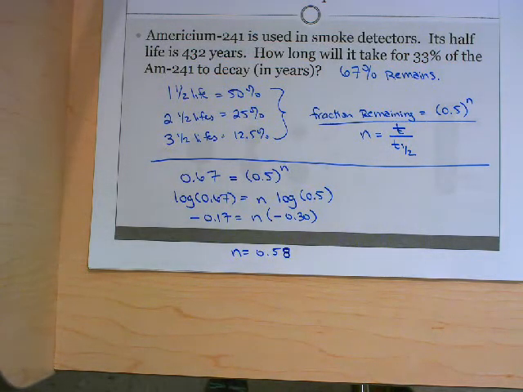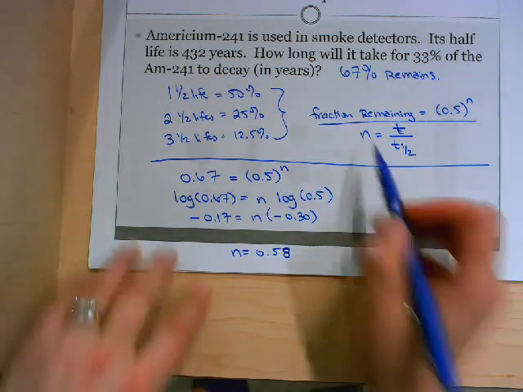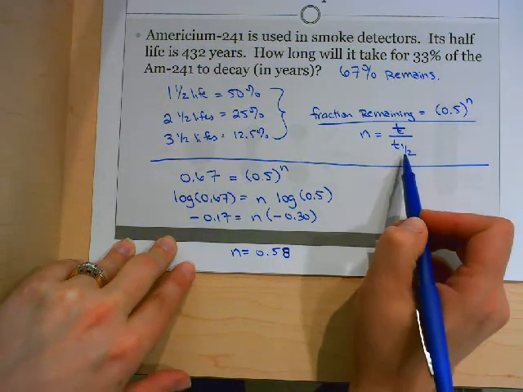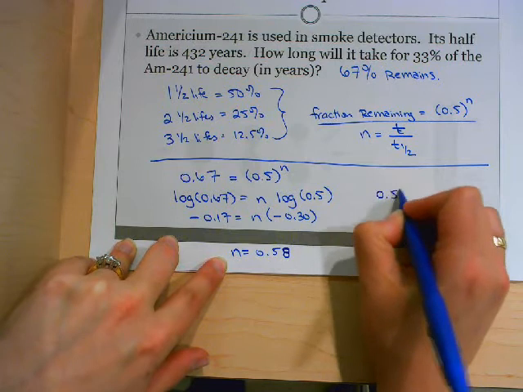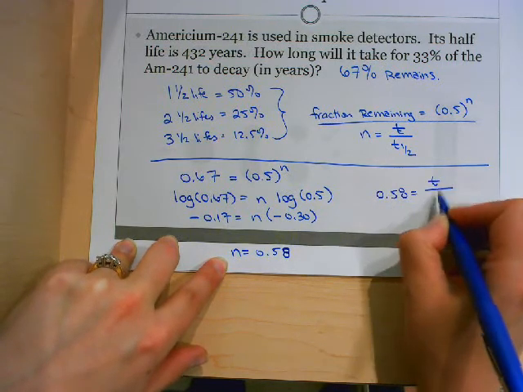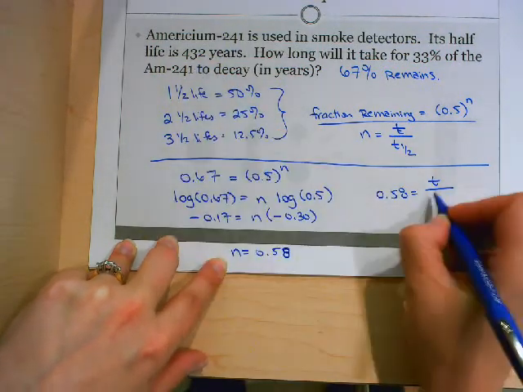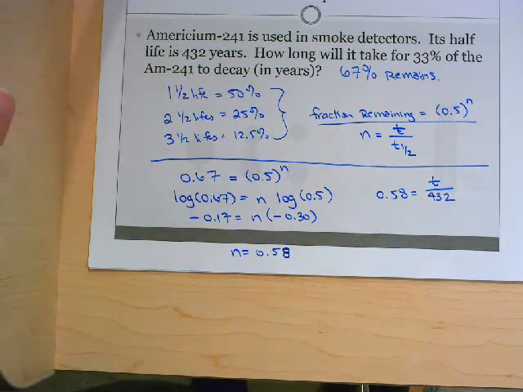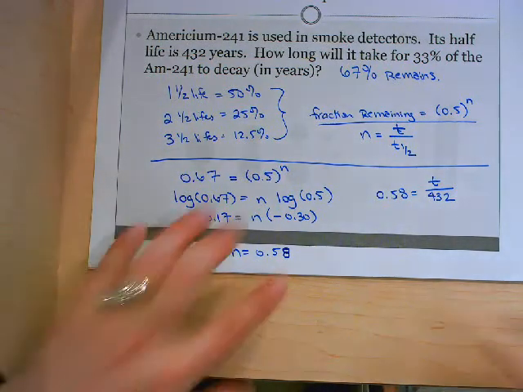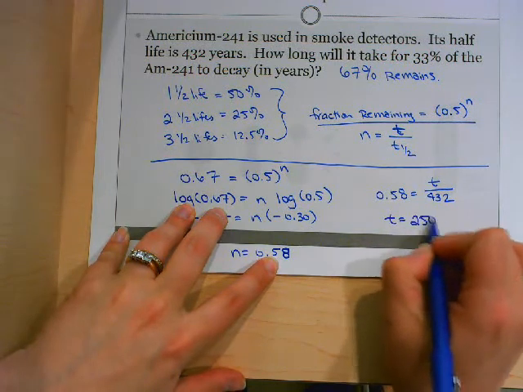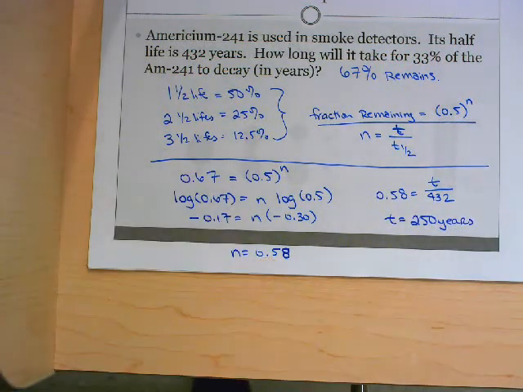Right, so that's how many half-lives it'll take to get to 67% remaining. So now I'm going to plug it in here and figure out how many years that is. Right, so I'm saying 0.58 equals how many years compared to, I know 1 half-life is 432. So it'll take about 250 years to get to the point where it's 1/3 gone or 2/3 remaining.